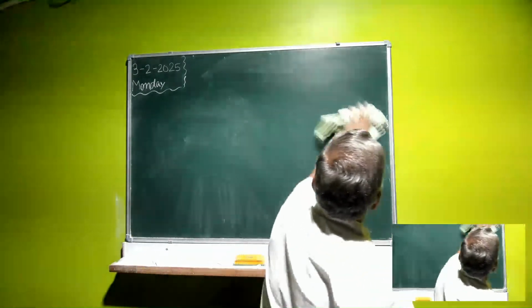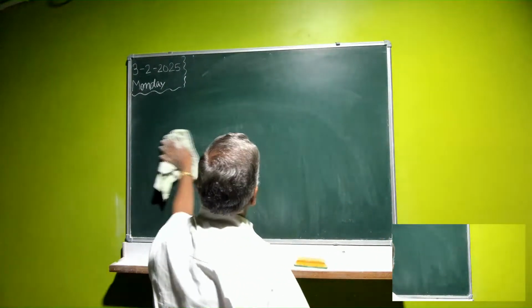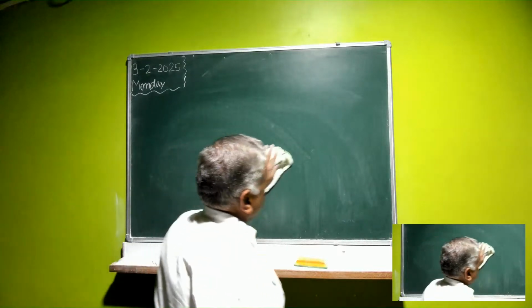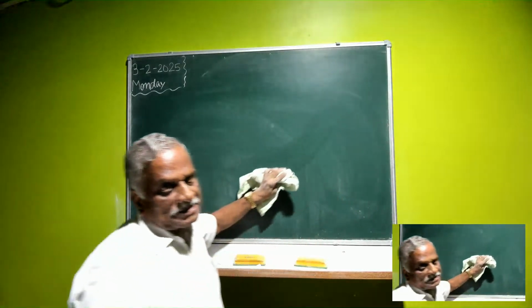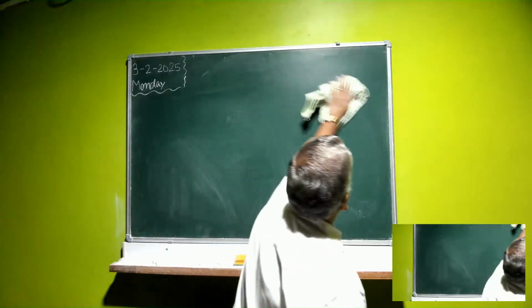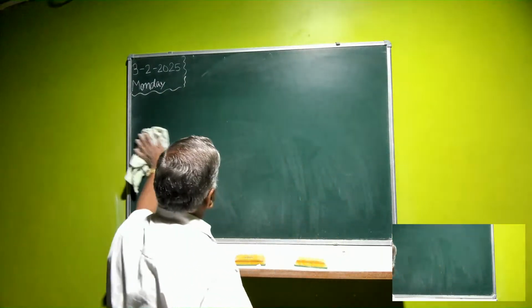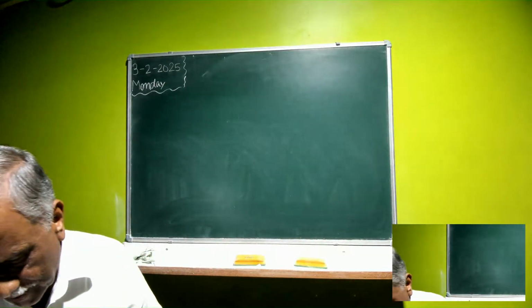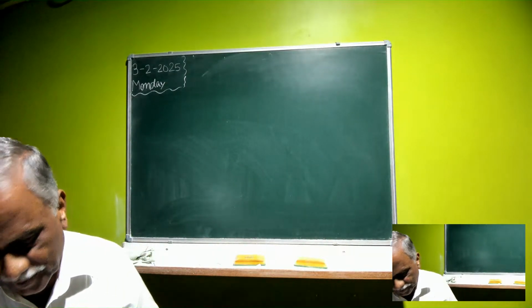I think the problems that I worked today, if you can work them again, definitely you can master this chapter. Once you are thorough with it, you feel more confident. Okay, take the problem.